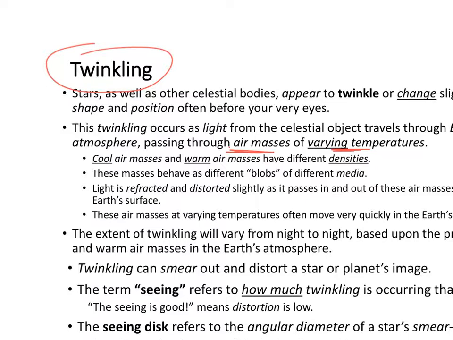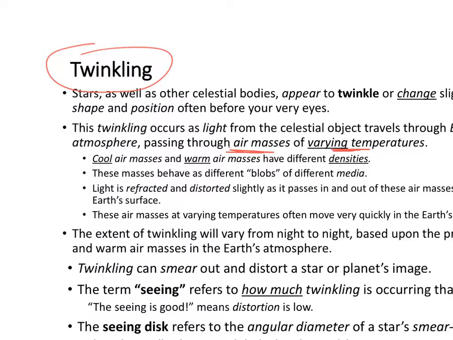I guess it wouldn't have to be upper. And with the different temperatures of these chunks of air, alternating warm, cold, it actually makes the light from the star look like it's dancing. It's coming here, then here, then here. It's called refraction, actually, similar to what our lens does to light.